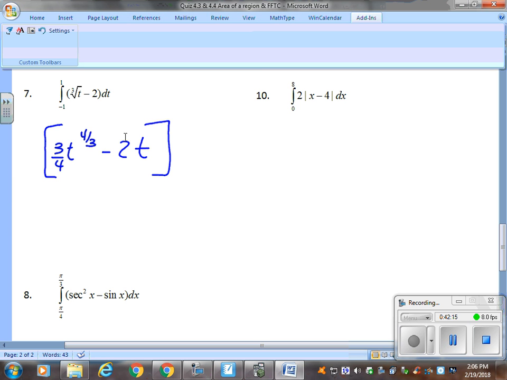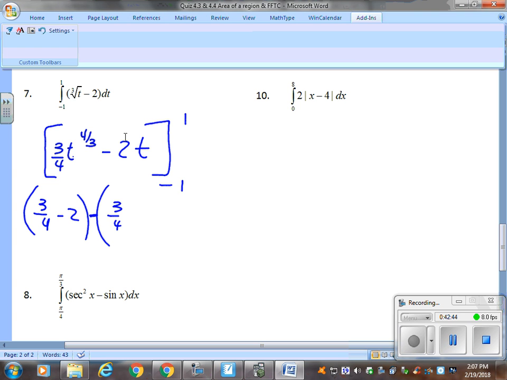Because if you add 1 to 1/3, 1 and 1/3 is 4 thirds, right? And then you flip it and put it in front, 3/4. And you're supposed to do that from negative 1 to positive 1. So positive 1 put in that problem is just going to be those two numbers, because 1 to any power is 1. Right? And 1 times anything is 1. Subtract putting in negative 1.